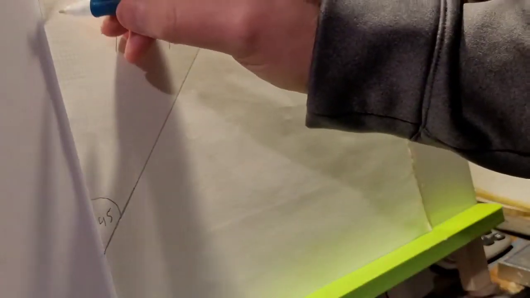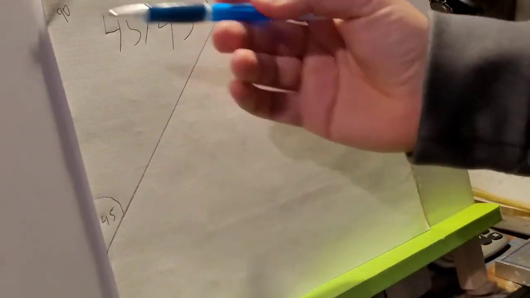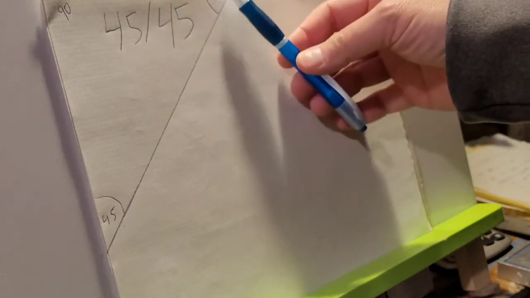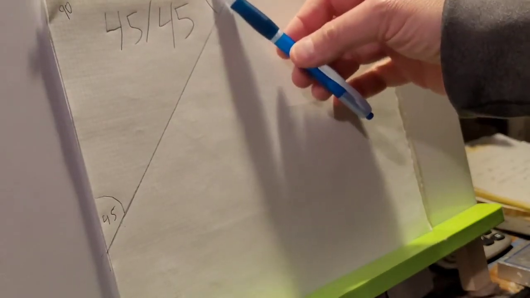We have up here, just for reference, this is 90 degrees. So the 2 45s equal 90 in this case, just so that you know what you're viewing here. This is just a true corner. So the 45, the first number, is going to refer to this top part of the crown.